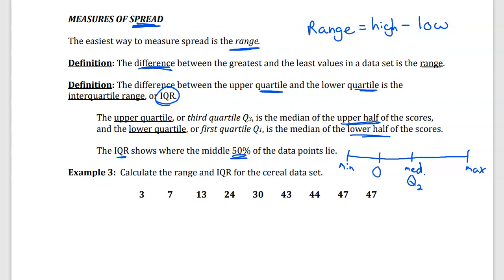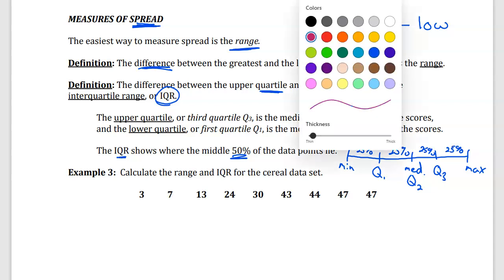Here's your Q1, your first quartile, and your Q3, your third quartile. So we're breaking it up into 25%. Think of quarters, 25 cents, 25%. Okay, so each one of these is 25%.